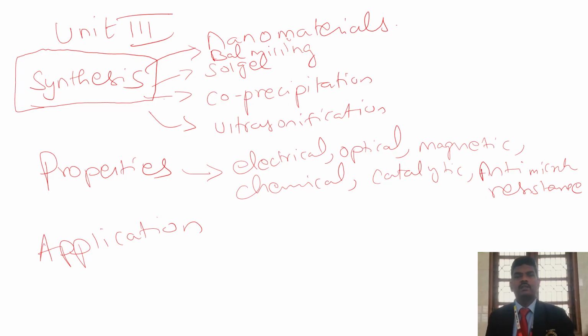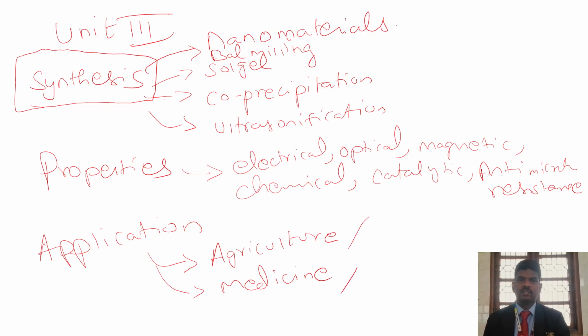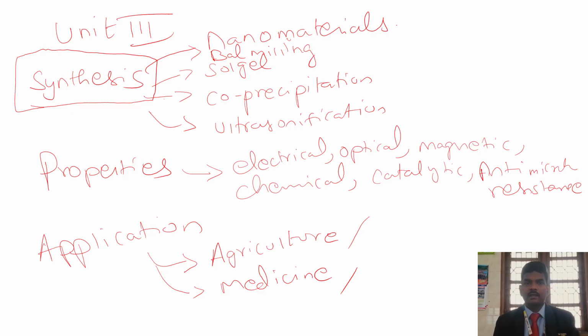These are some of the properties which I listed here. There are many other properties also, so you have to discuss all these properties. For applications, the two major applications to focus on, as I said earlier: the first is related to agriculture, and the second is related to medicine. Applications based on agriculture and medicine are very, very important. These are the topics in Unit 3, nanomaterials.